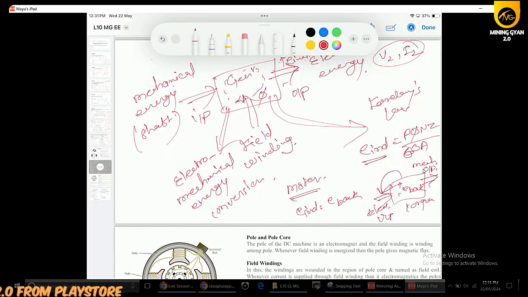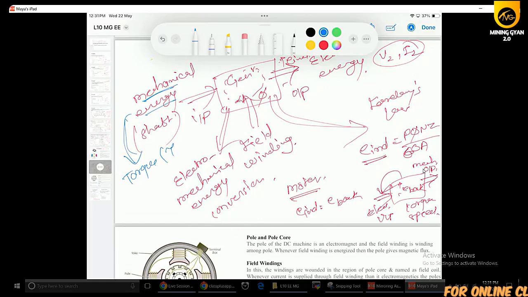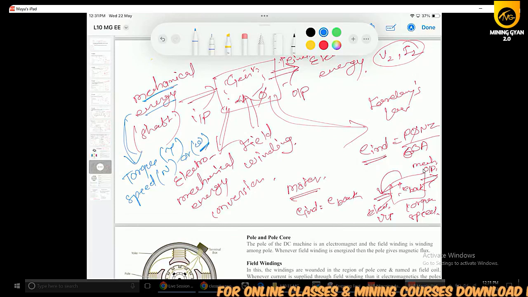Your mechanical energy will be measured in terms of torque T and speed n, or omega, the angular velocity. Omega can be measured in terms of radian per second.